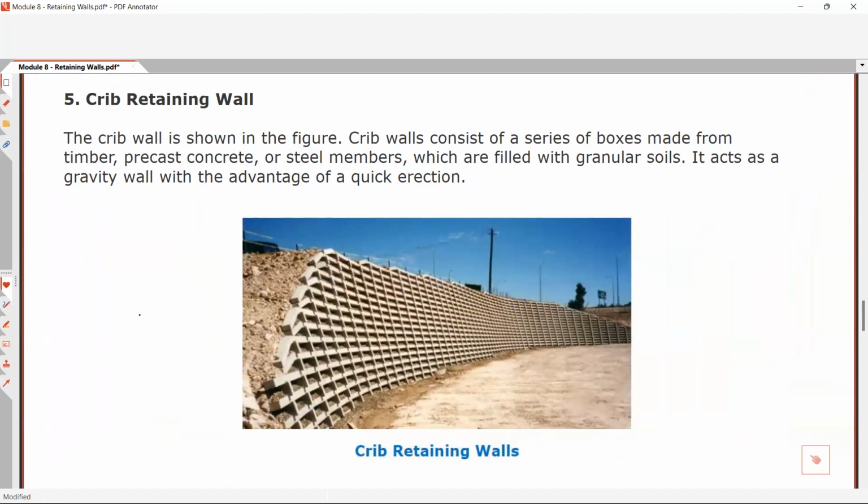So meron siyang slots. Ito. Lalagyan mo siya ng soils. Okay, yan. Mga slots na. Bawat grids may slots ng soil. Then lalagyan mo lang siya. Okay, so I think meron ito dito sa Philippines, may mga gantong retaining walls, crib retaining walls.